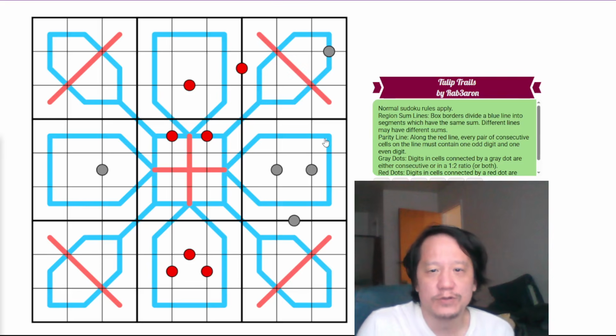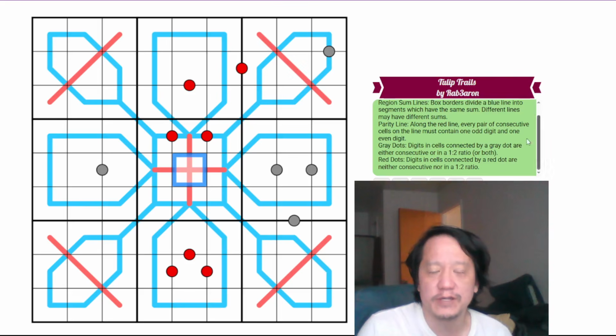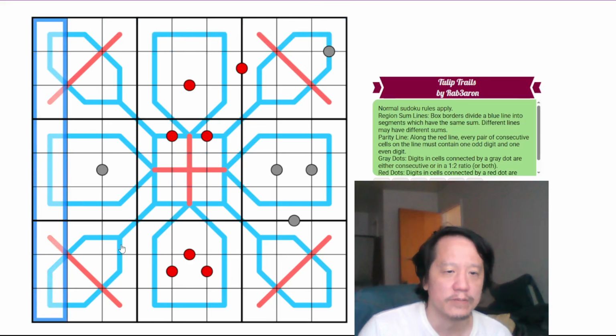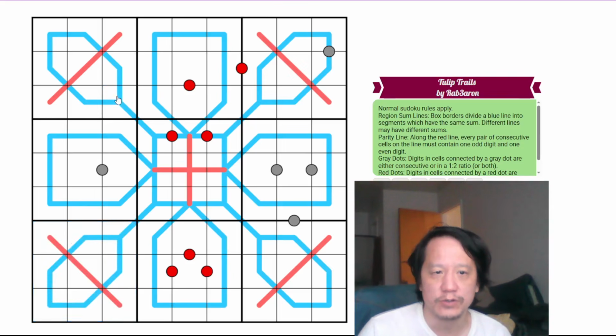We have normal Sudoku rules, which means in every cell in the grid, place a single digit from 1 through 9 such that there are no repeats in any row, column, or designated 9-cell region. We have region sum lines, where box borders divide a blue line into segments which have the same sums.